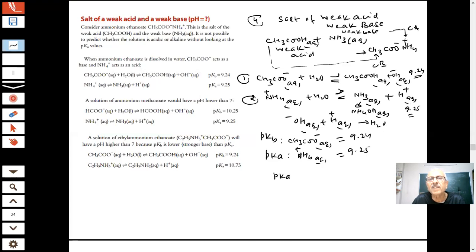If pKa is less, what does it mean? Lower the pKa, stronger the acid is. Higher the pKa, weaker the acid is.